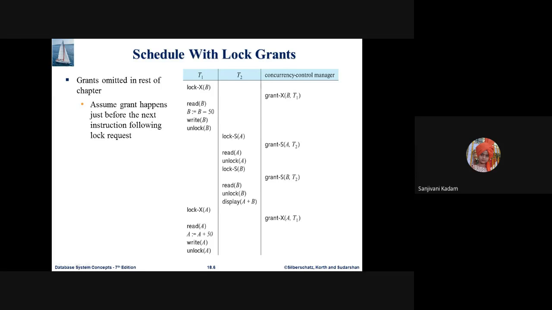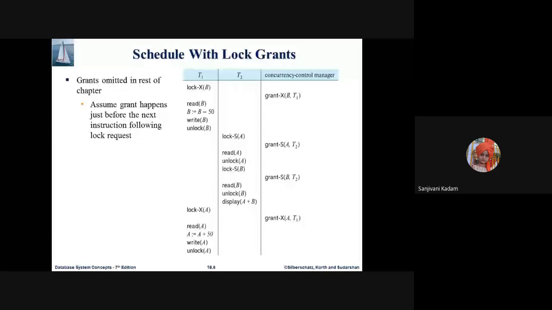If yes, it will grant a shared lock on A for transaction T2. After being granted a shared lock, T2 can perform only a read operation on A. So it will read item A and unlock A, since A is no longer needed. Then T2 might be willing to perform lock S on B.